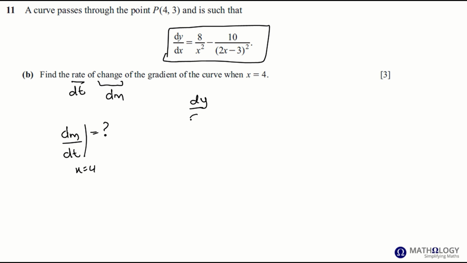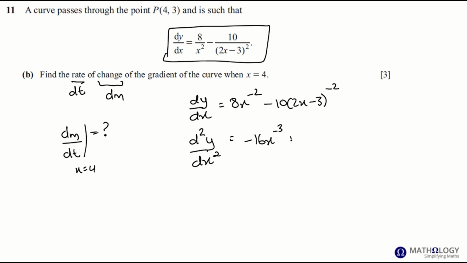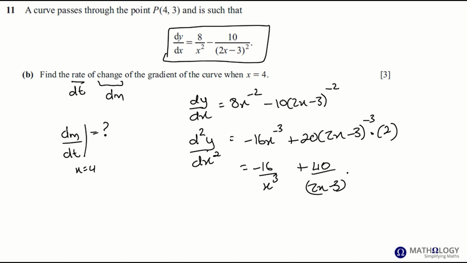So dy/dx equals 8x to the minus 2 minus 10 times (2x minus 3) to the minus 2. So the second derivative equals minus 16x to the minus 3 plus 20 times (2x minus 3) to the minus 3 times 2. So it's minus 16 over x cubed plus 40 over (2x minus 3) all cubed.